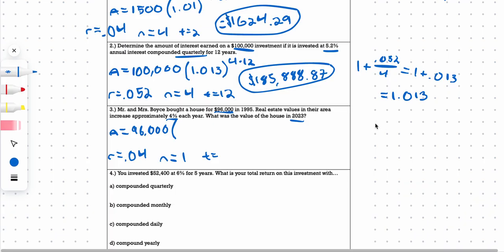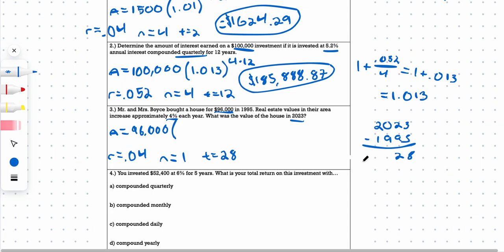And so this equation starts at 1995, so we have to do 2023, our final year, minus 1995. So that should come out to be 28, if I'm not mistaken. Yeah, so T is going to equal 28 years.